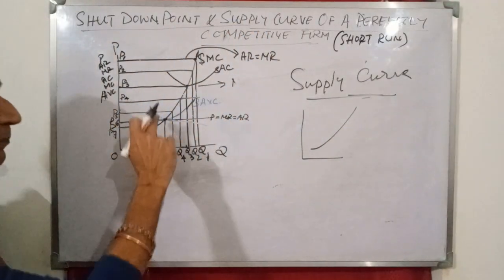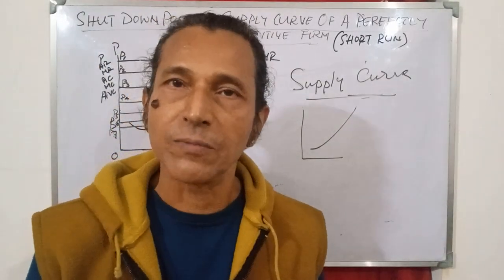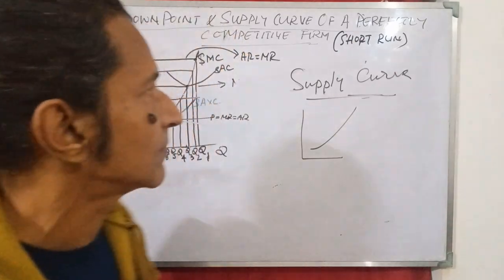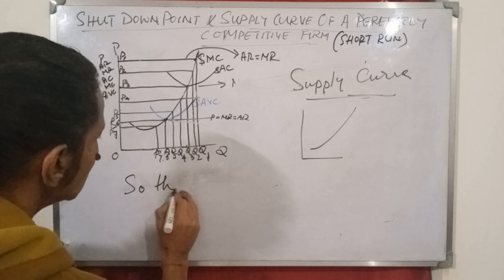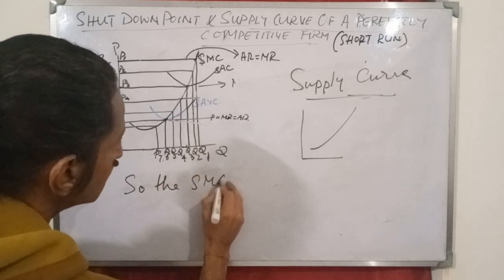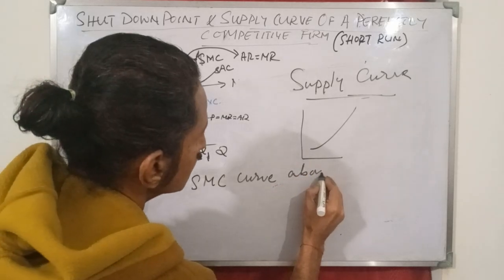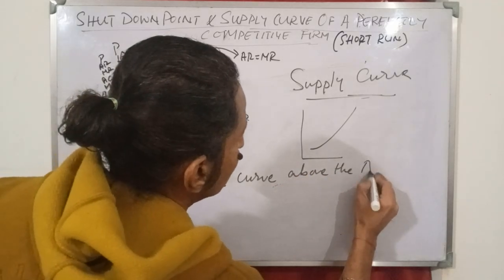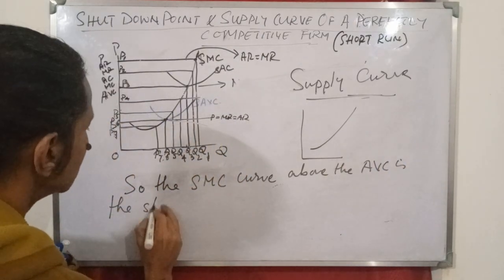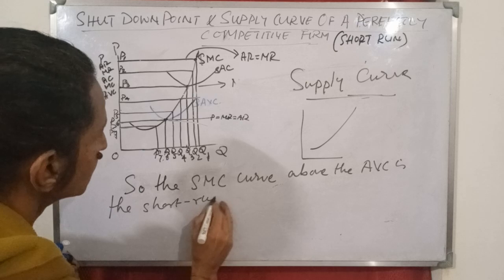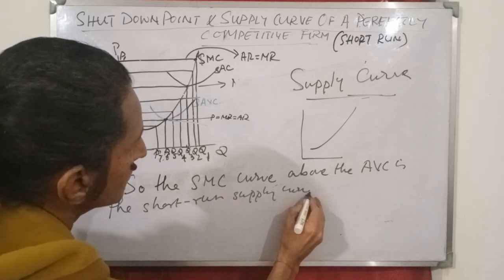Because below average variable cost, the firm will not supply anything. The supply will be simply zero. So we can say the short-run marginal cost curve above the average variable cost is the short-run supply curve of the firm.